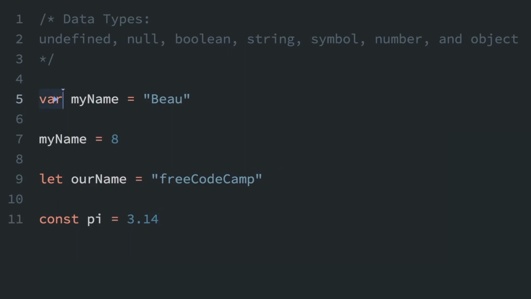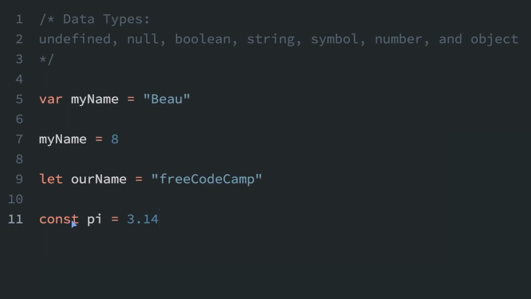Now, the difference between var, let, and const: var is going to be able to be used throughout your whole program. Let will only be used within the scope of where you declared that. Now, we're going to be talking about let and const more later, so I'm just giving you a brief overview of what they are now. Const is a variable that should never change.